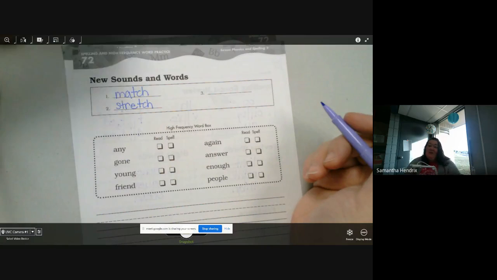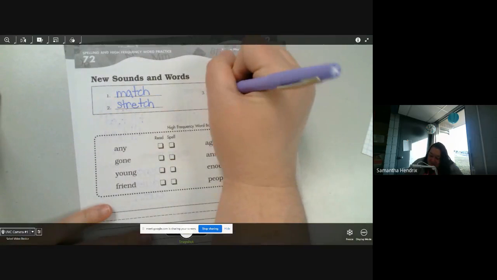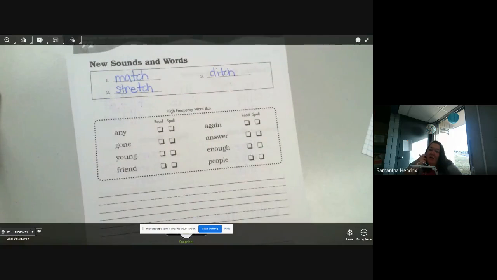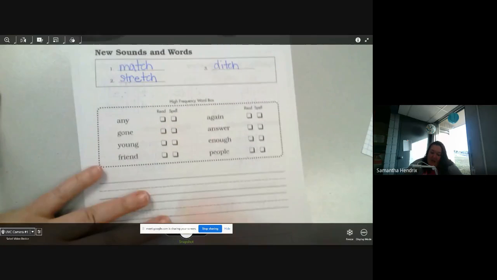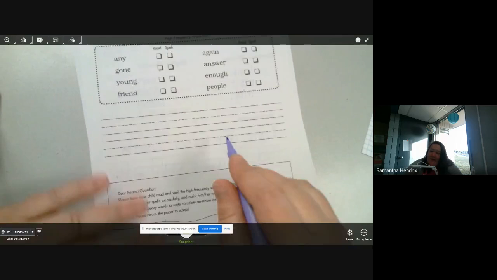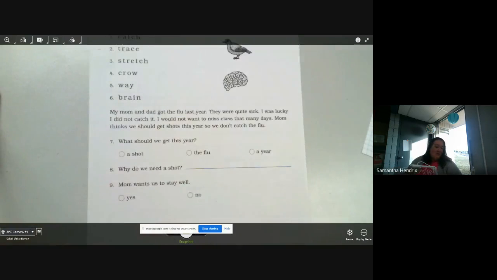Making sure I didn't leave anything out. Number 3, we're going to do ditch. D-i-tch. Don't fall in the ditch. Okay. Read these to somebody. Spell them to somebody. Practice down here.